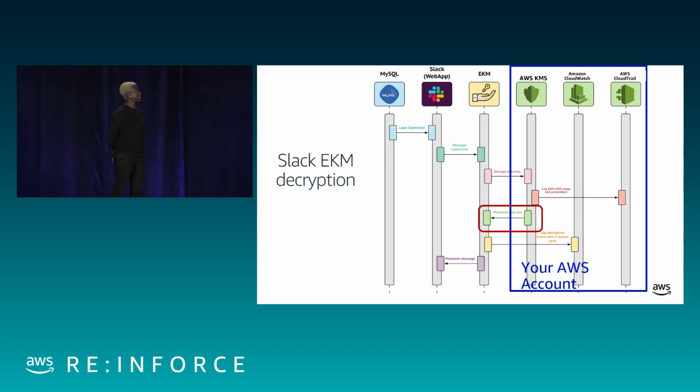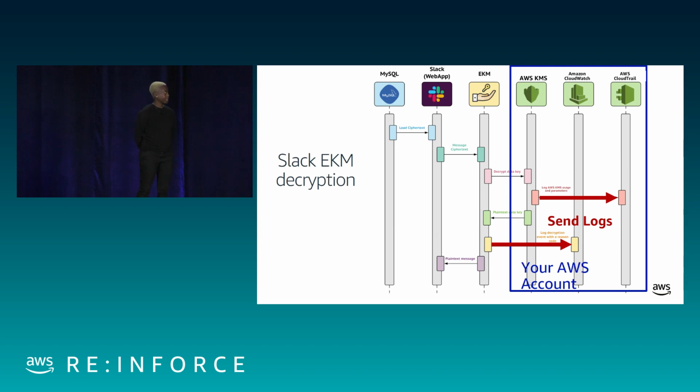The plain text data key is sent back to EKM, which then decrypts the data. We send a log to CloudWatch. And at that point, we send back the plain text to the customer so they can actually read hello world. And again, this is where the customer's AWS account and the key policy is actually enforced.